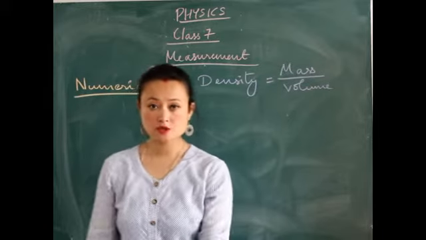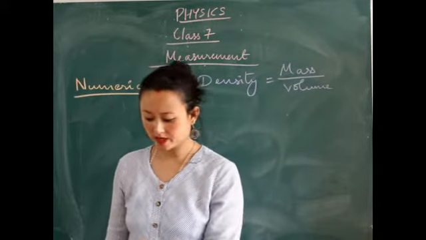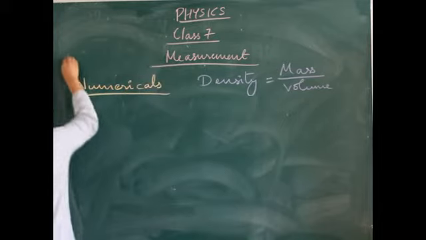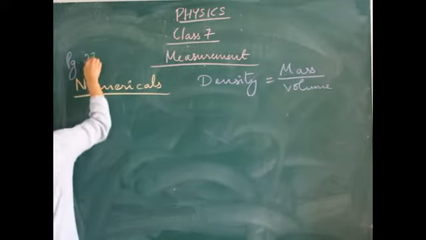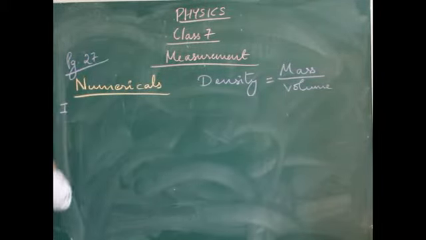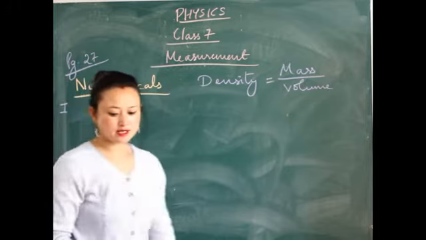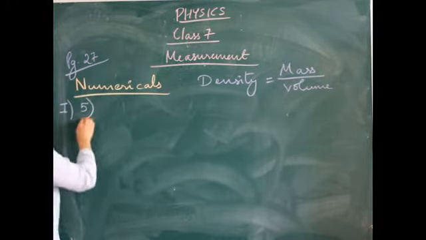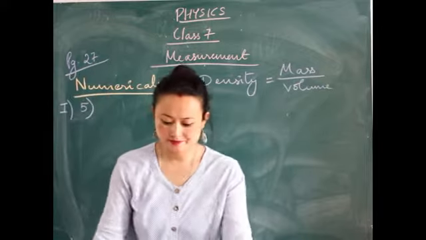We'll be doing the numericals in your book, page number 27, question number I, sub-question number 5.